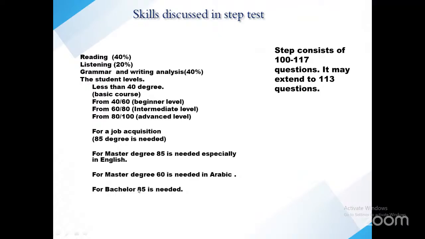For a bachelor's, as students to join King Abdulaziz University or whatever, if you are Saudi or whatever, if you are not Saudi, you need to get 85 degrees in this test. Less than this, you cannot join a university. So here, if you are a student and you want to get into a university, you must have at least 85, greater than 85, from 85, 86, until you reach 100.